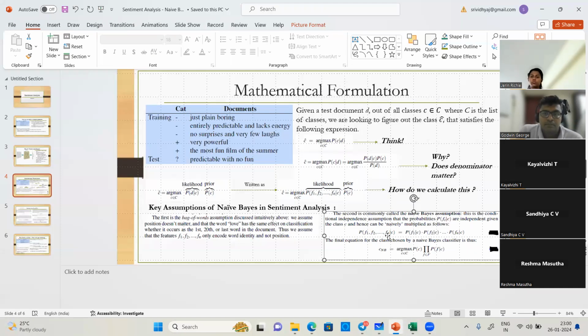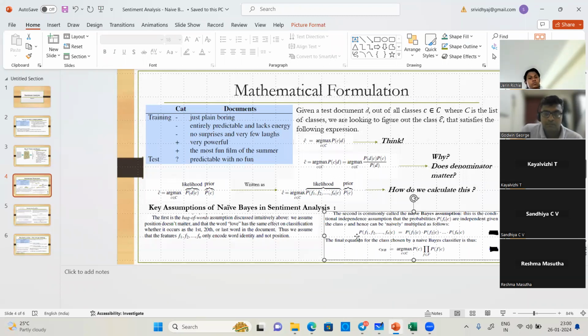We are saying, look, F1, F2 are features, they're words here. And conditional on C, which is some sentiment, either positive or negative, all these features are independent. That's the assumption that naive Bayes makes here.